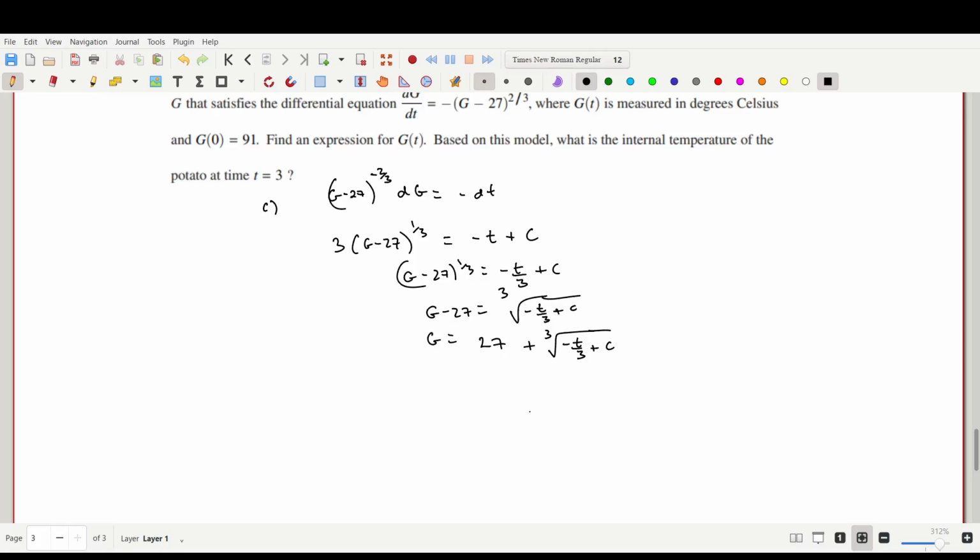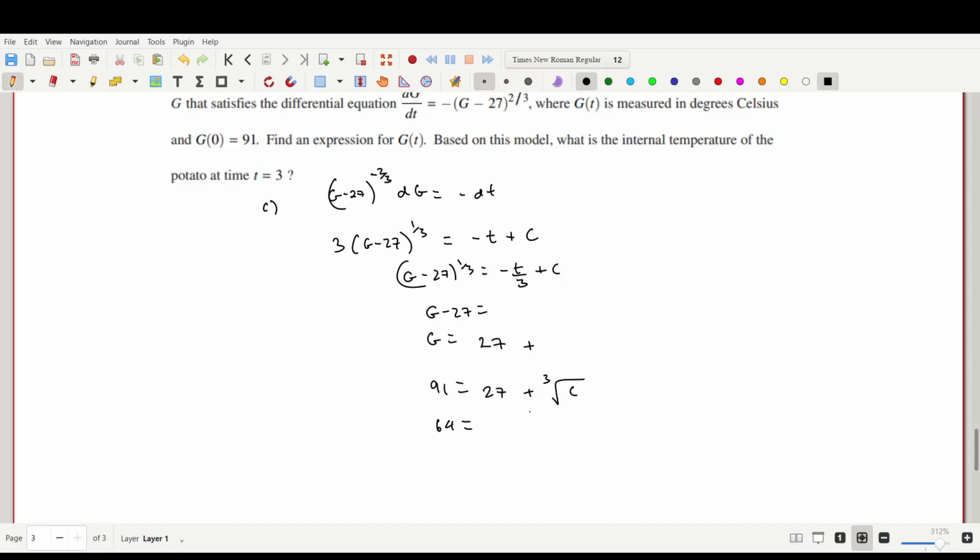We know that g of 0 is 91, so you can plug in. 91 is 27 plus c cubed. And now you subtract and you get 64 is c cubed. Whoa, that seems wrong. Did I do something wrong? Oops, I cube-rooted instead of cubed. My mistake. Silly.